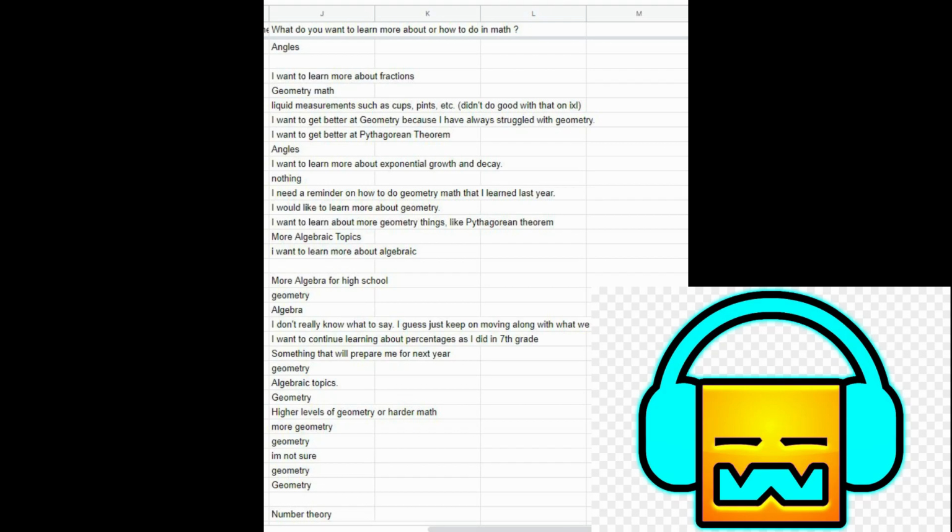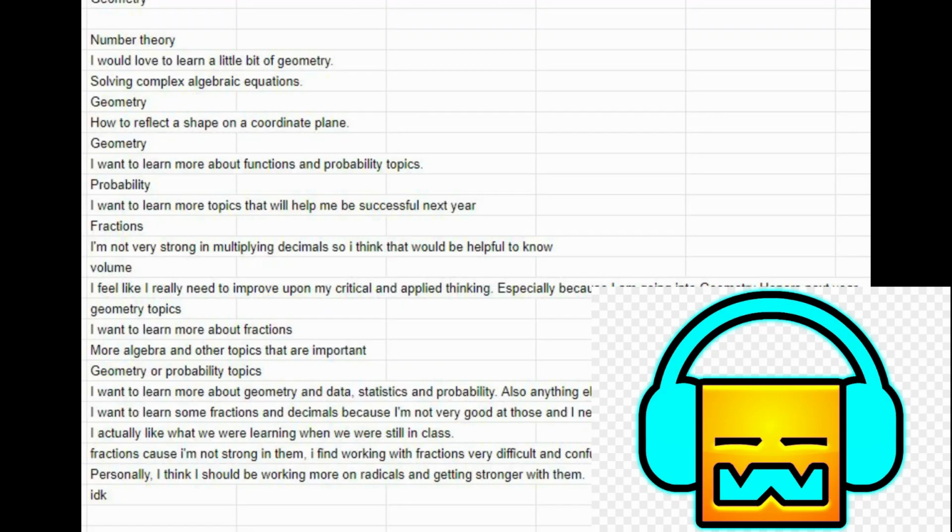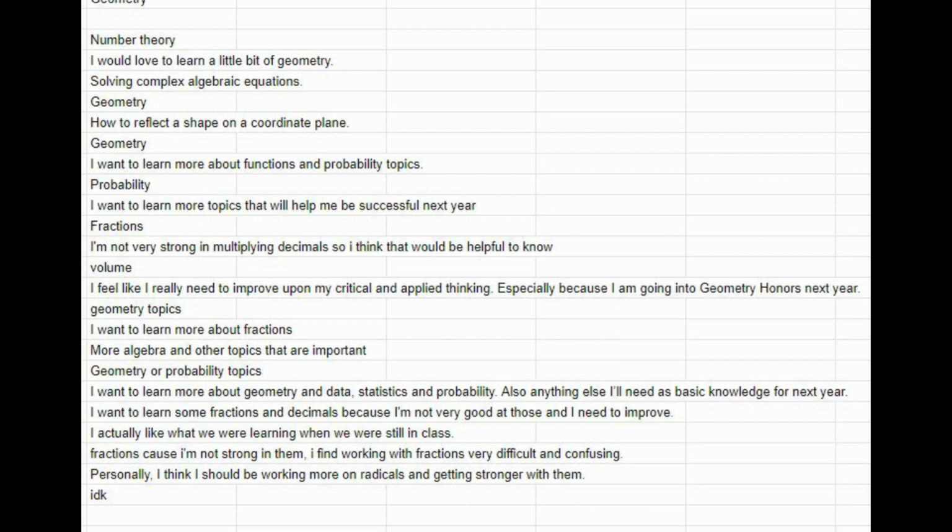Reminder on how to do geometry that I learned last year. So some of you want a geometry refresher. I would like to learn more about geometry. I want to learn more about geometry, things like the Pythagorean theorem. And we have some responses here saying more algebraic topics, more algebra for high school, geometry, algebra.